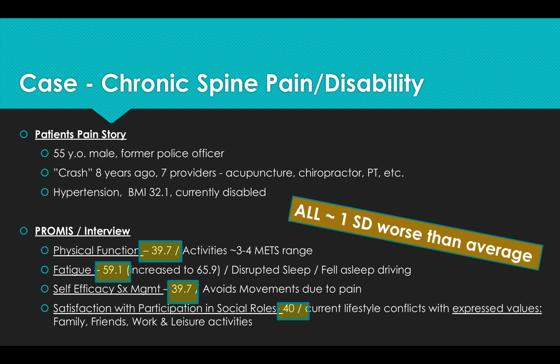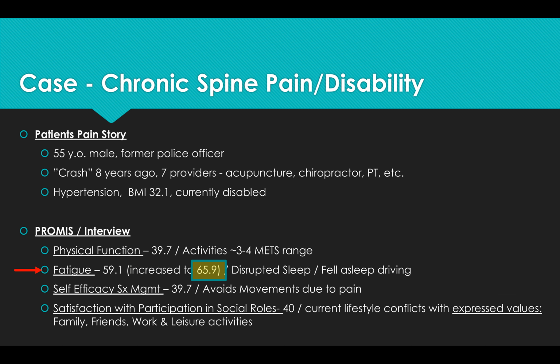But what was really disturbing was his fatigue score had increased after a few visits by a significant amount. This led to questioning specific about sleep habits, depression, and aerobic activity. It was clear that he was waking several times a night and then started falling asleep during the day. This triggered a referral back to his provider that ultimately was diagnosed with extreme sleep apnea.